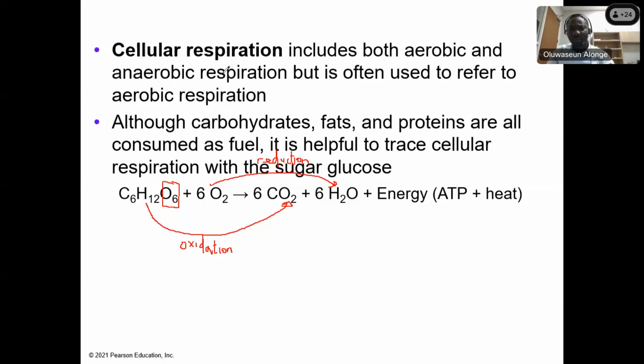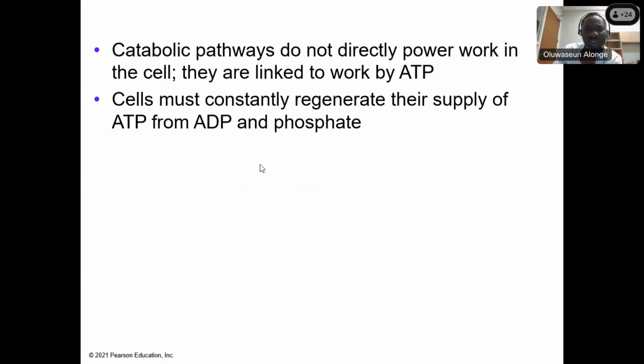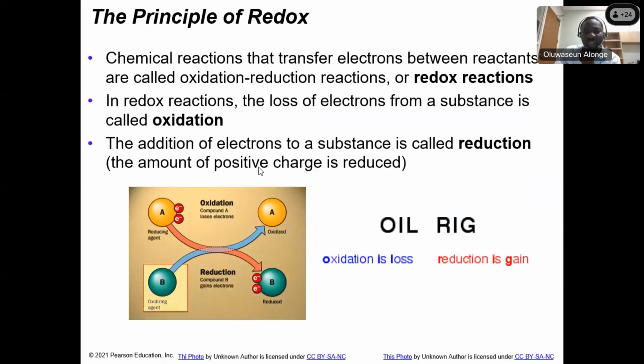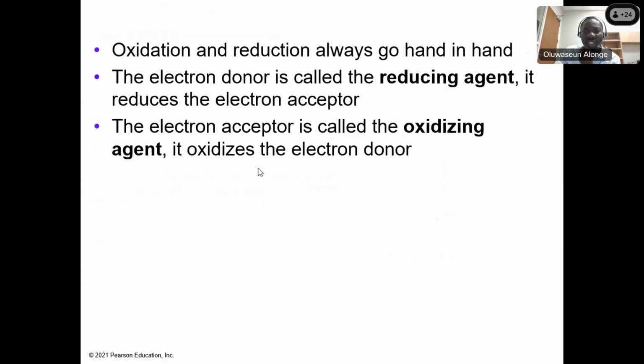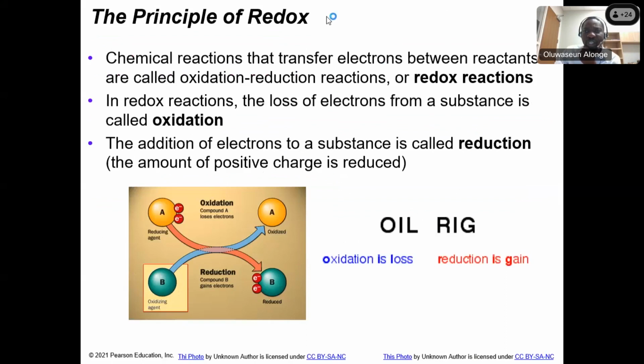Now, let me show you something very interesting before we continue. So this is the redox reaction here. If you remember from chapter 3, I had noted when we look at water, acid, base, and buffer, when you see this, it's a proton. And when you see this, it's an electron.